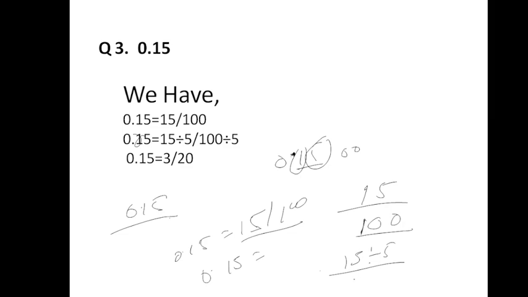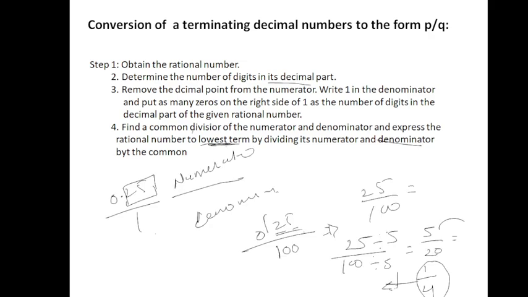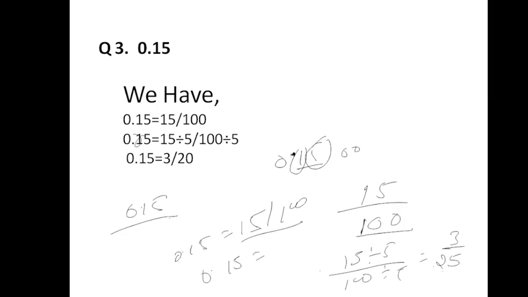15 divided by 5 and 100 divided by 5. How many times does 5 go into 15? It is 3 times. And how many times does 5 go into 100? It is 20 times. Let's check, everything is right.